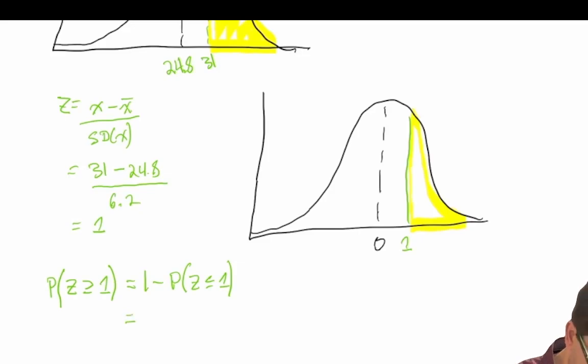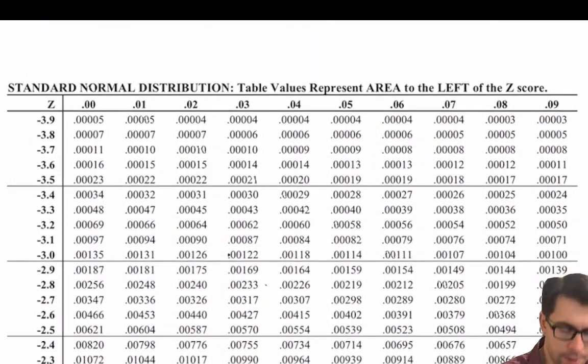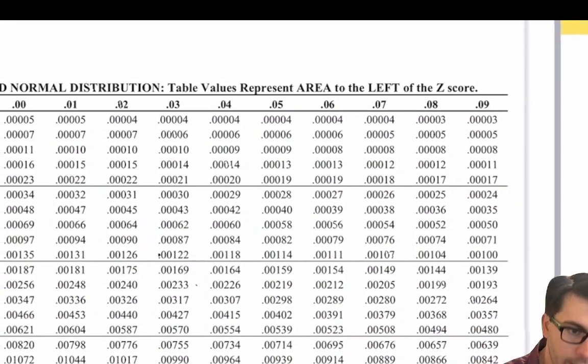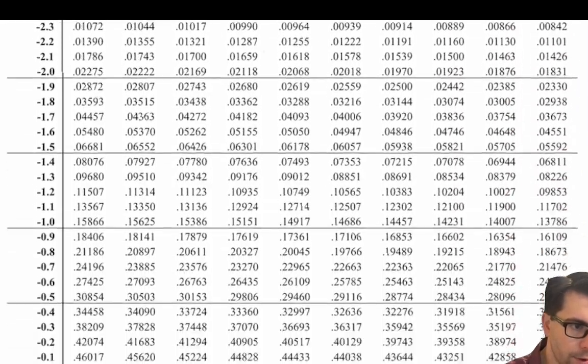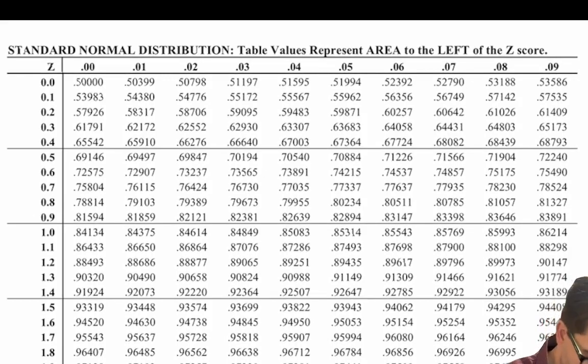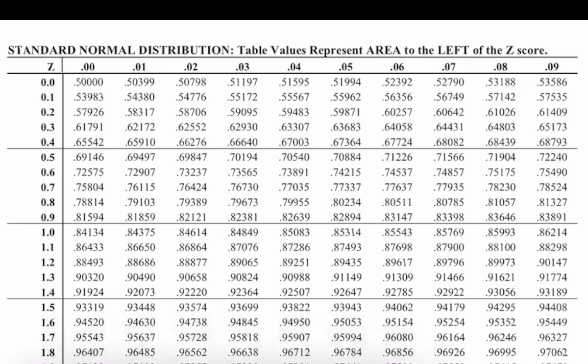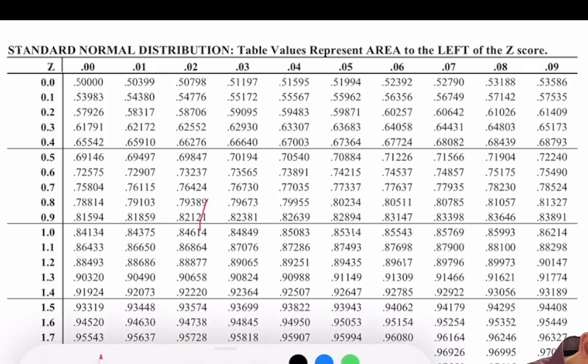Now, what is the probability of that? Well, in this case, we're going to go to our z table. So this is what your z table might look like. It's going to look something like this. So we're going to find our z-score of 1. In this case, we can find that right here. The z-score of 1.